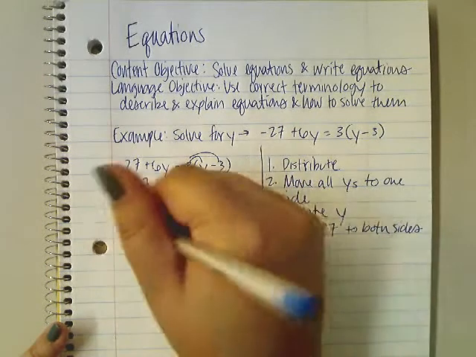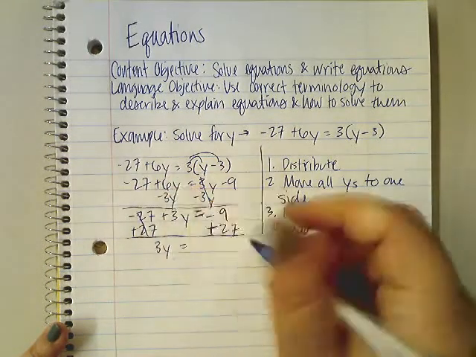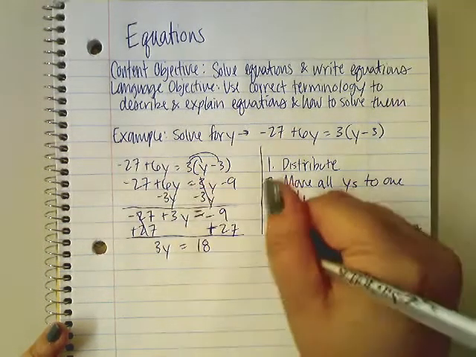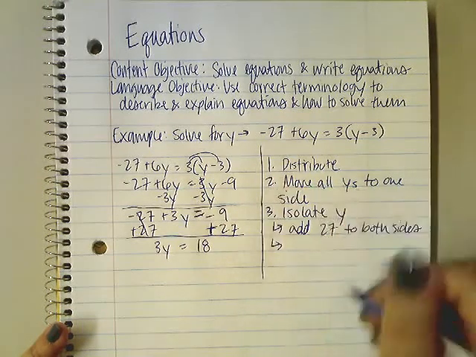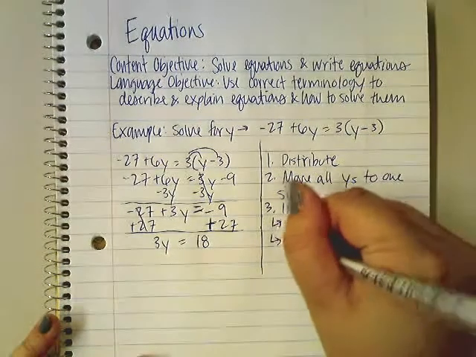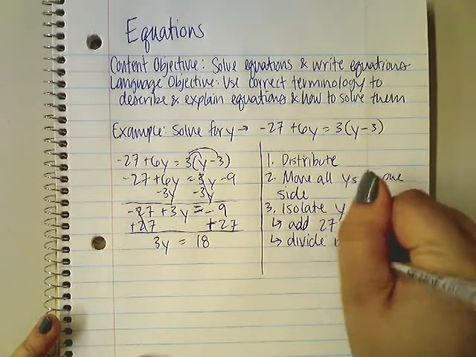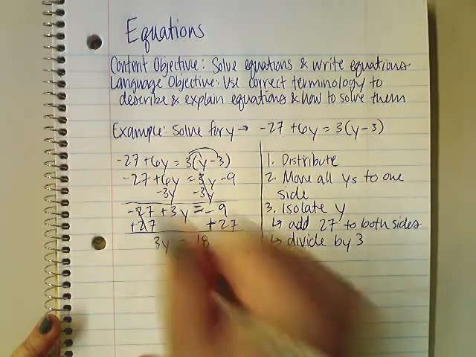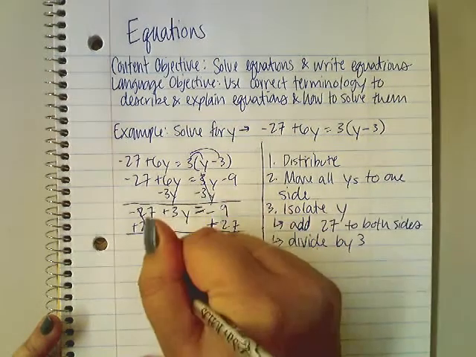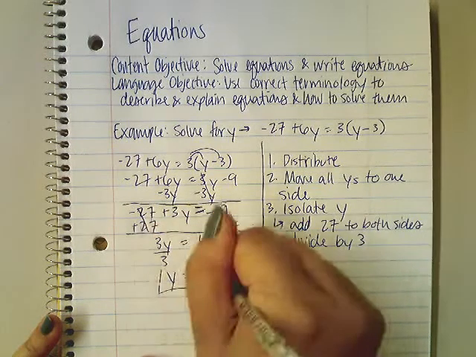So then I end up with 3y equals 18. And then I'm going to divide by 3. And I will end up with y equals 6.